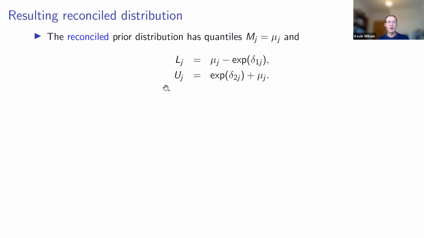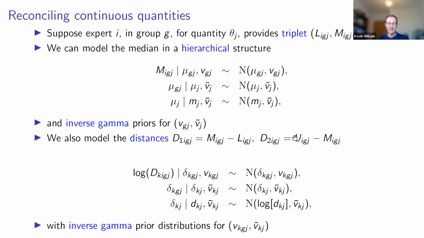Okay. So then from the model parameters in the bottom level, which is the decision maker level, this is going to be the decision maker's beliefs having observed what the experts have told them. Then, well, it's quite easy. The median is just equal to the mean in the overall level, so mu_j. And then we just need to reverse these two functions here to make U and L the subject of them.